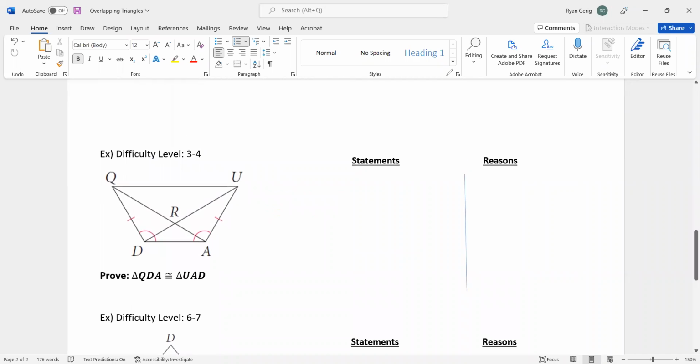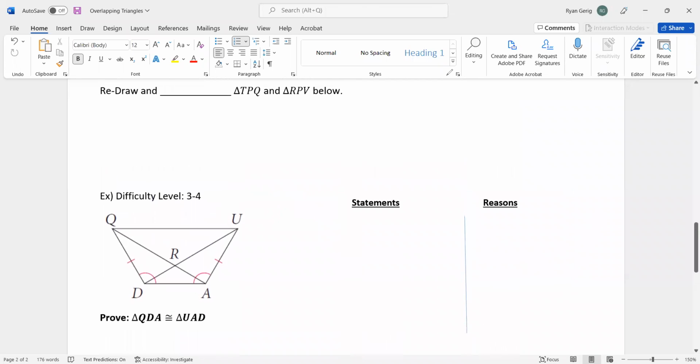Okay, I'm going to go ahead and redraw that picture up here in this space. So I'm trying to prove QDA, so that's that one, is congruent to UAD, which is that one. So I'm going to redraw those two triangles. So QAD.